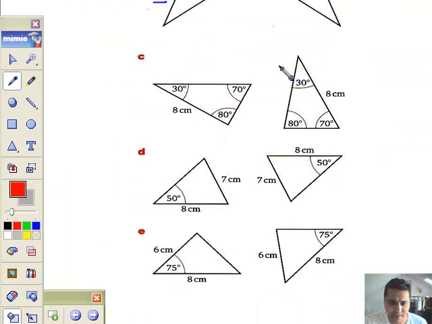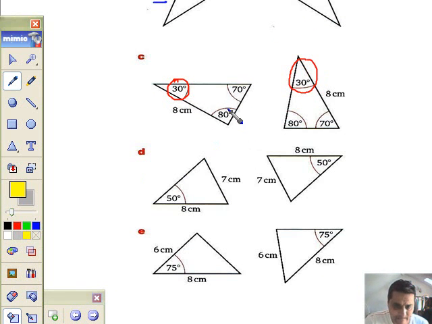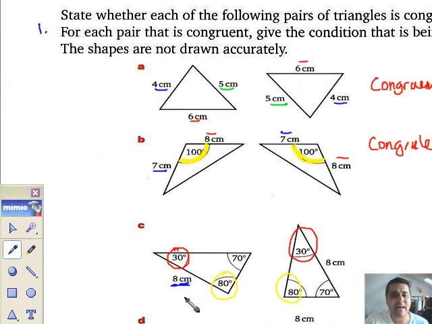So let's just study where this 8 is planted. Right, I've got a 30 and a 30. I've got an 80 on this side, and that matches the 80 here. But look at where the 8 is. This 8 is between the 30 and 80 degree corners. However, this 8 is between the 30 and 70 degree corners.